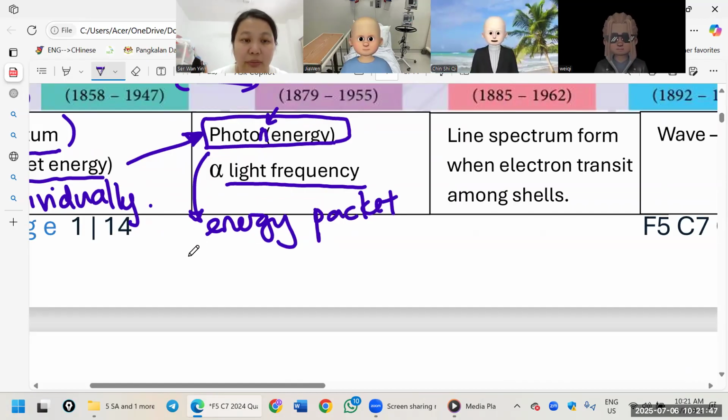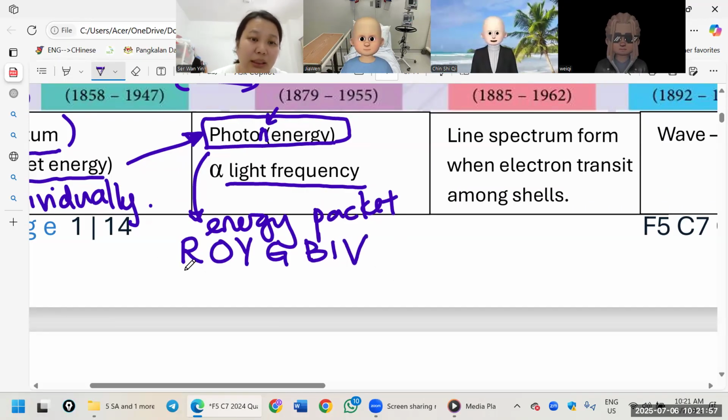If you haven't memorized it yet, please remember this. Roy G. Biv. It's a must. Red, orange, yellow, green, blue, indigo, violet.